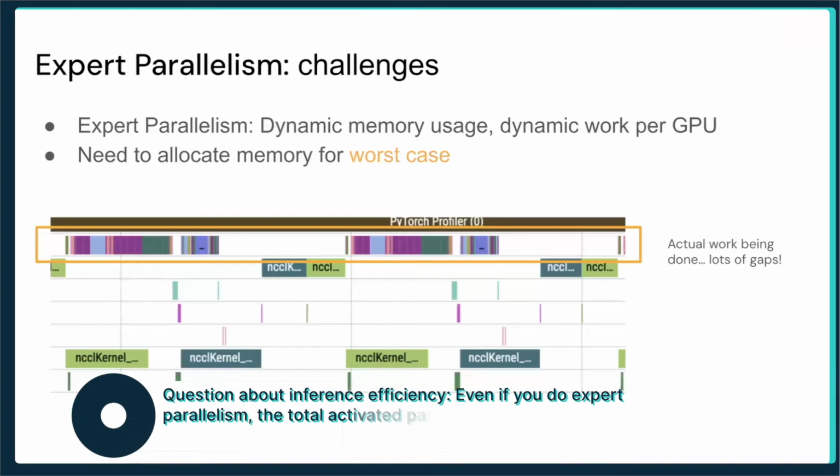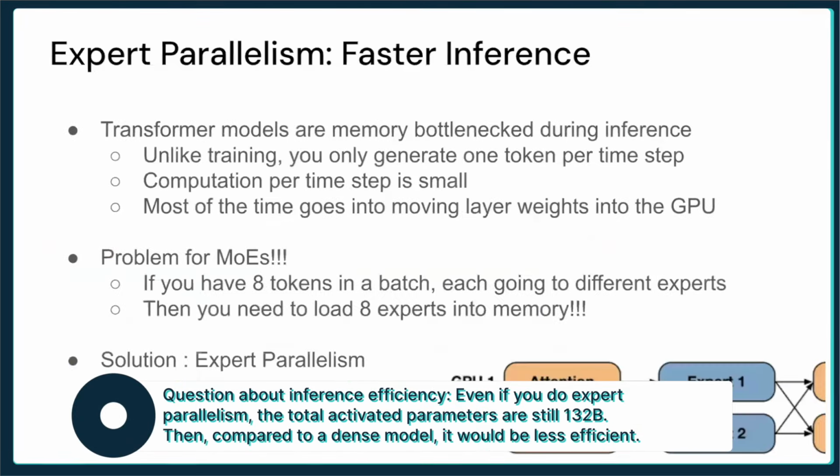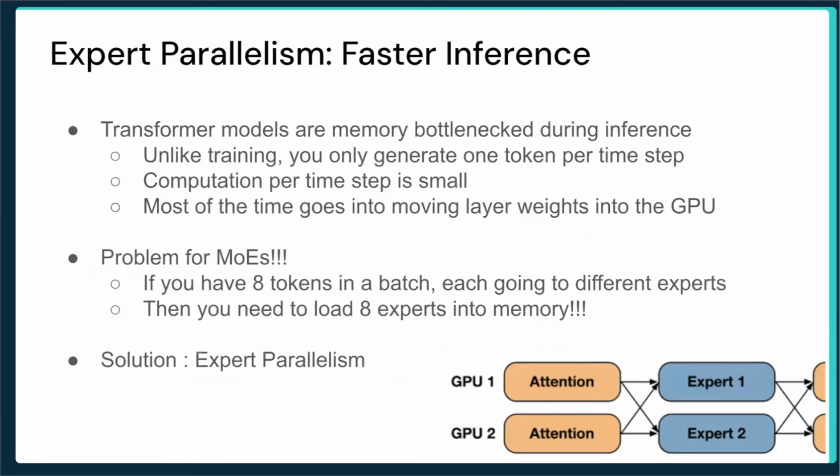I have a question for the inference efficiency part. You mentioned that if we have 8 tokens in a batch, then we need to load all the experts into the memory, and your solution is expert parallelism.